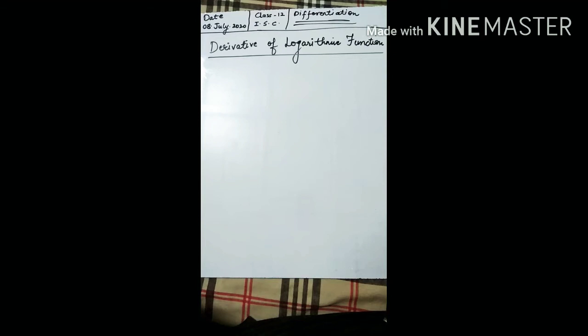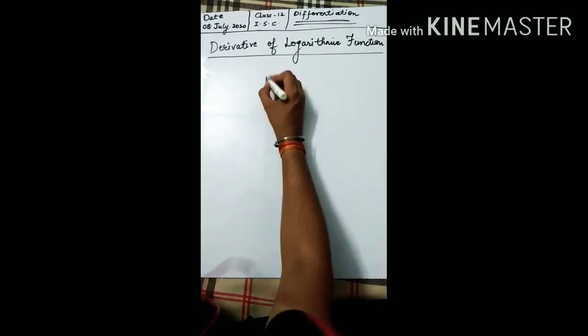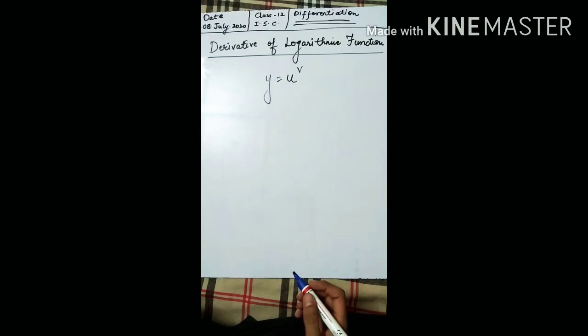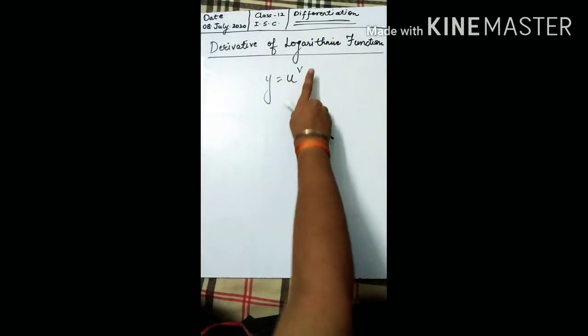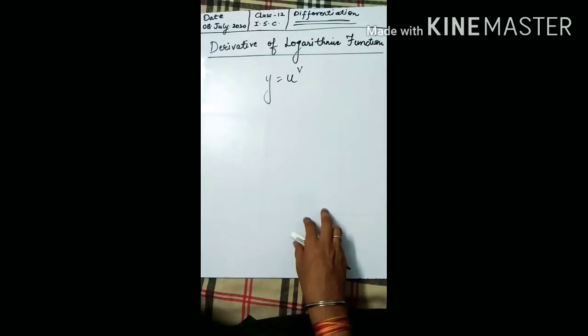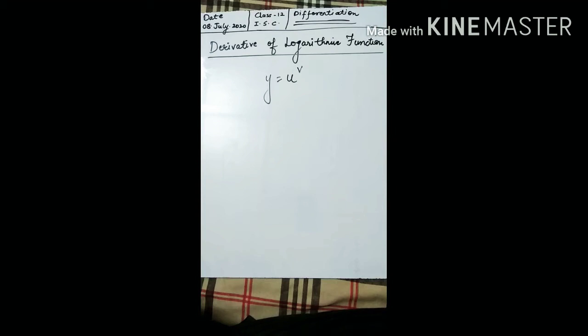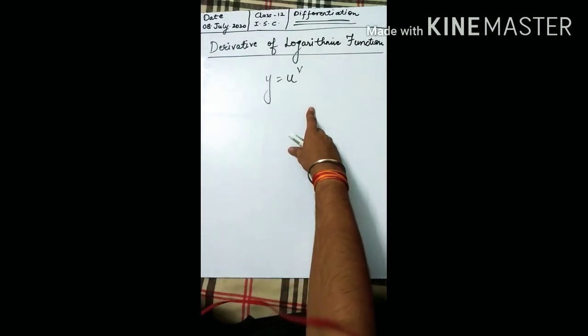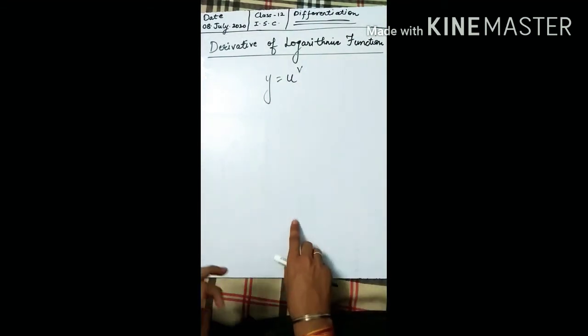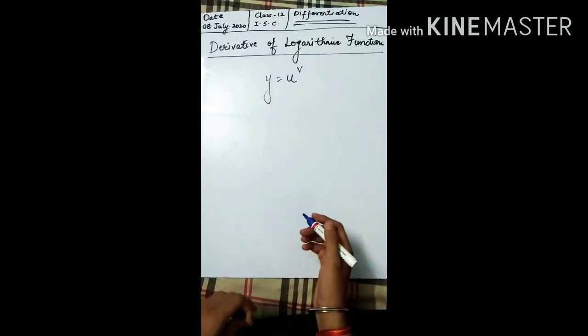If I take one function, y is equal to u to the power v, where u and v are both variables, we need to find the derivative of u to the power v, where u and v are differentiable functions of x.